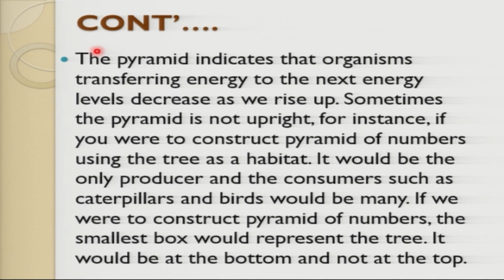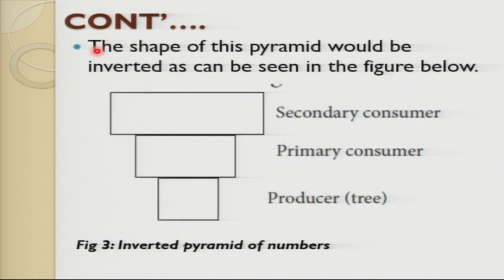If we are to construct a pyramid of numbers, the smallest box would represent the tree. It would be at the bottom and not at the top. Okay? That's how the diagram looks, student. That's very interesting. Okay?